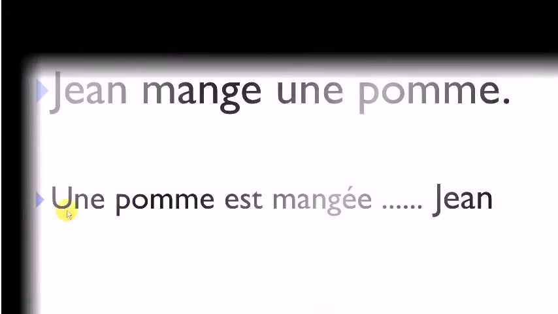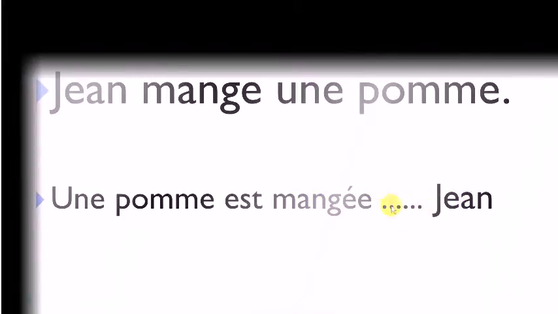In that case, une pomme, an apple. You can see here that it's feminine, une pomme. So we will add the mark of the feminine. So une pomme est mangée Jean.